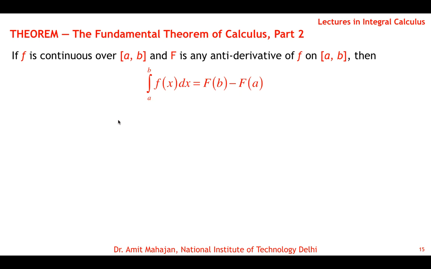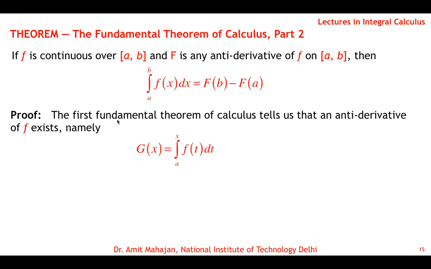For the proof of this, the first fundamental theorem that we studied, the previous part 1, says that there is an antiderivative of f. Let this antiderivative be G(x), which is the integral from a to x of f(t) dt. Since F is any antiderivative of f, F must differ from G by a constant.